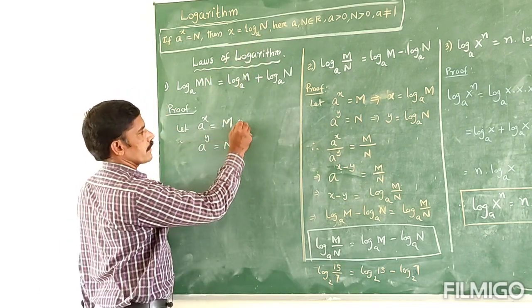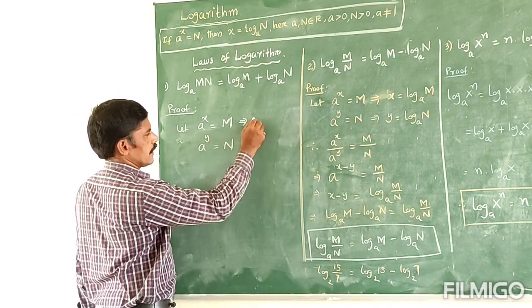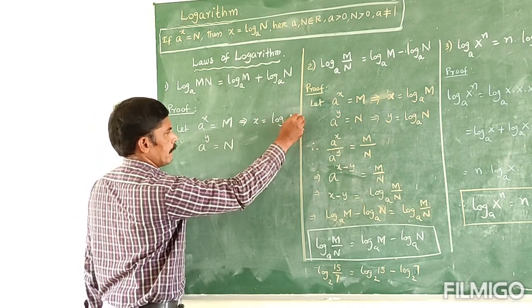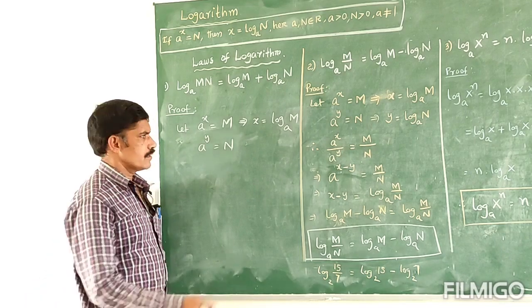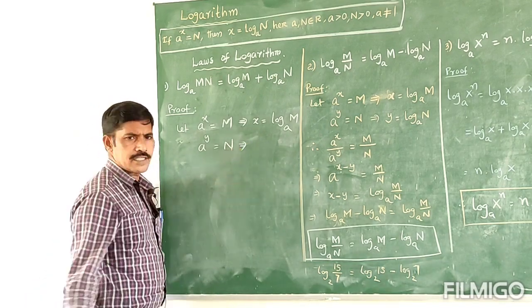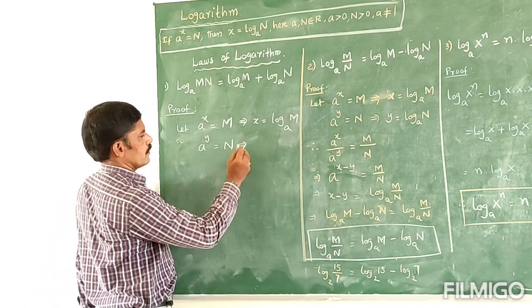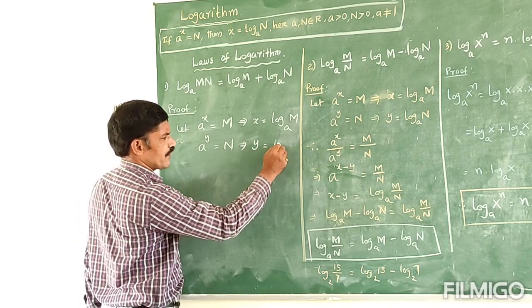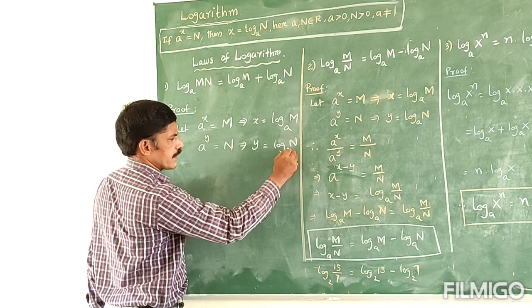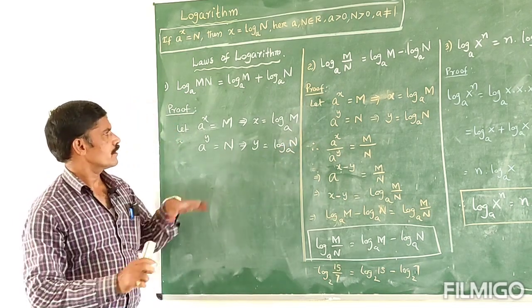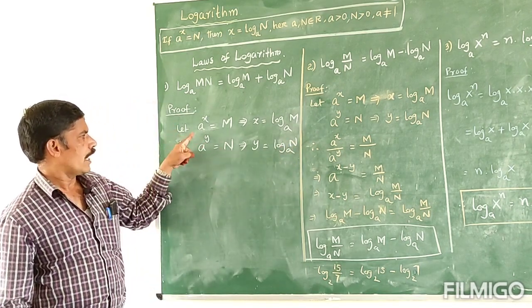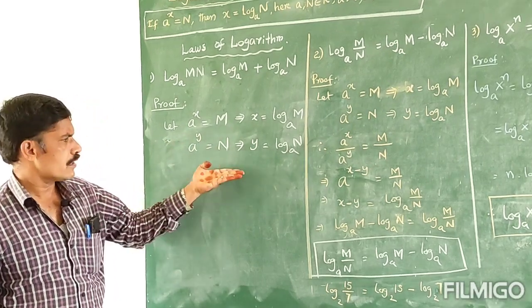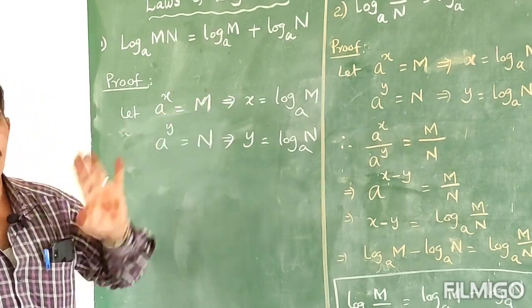Using that definition, you can write x is equal to logarithm of m to the base a. In the same way, the second relation can be written as y is equal to logarithm of n to the base a. I have just converted them into logarithms.